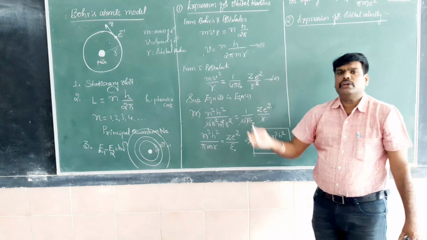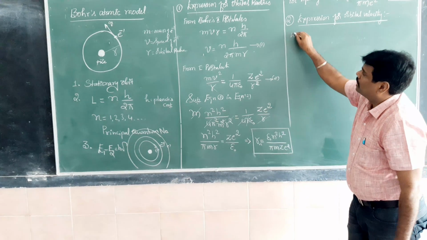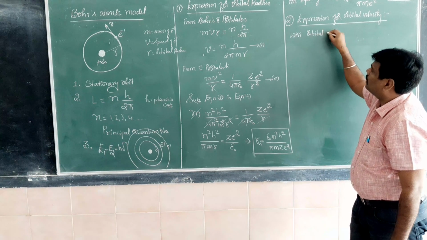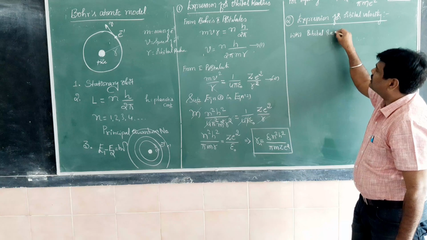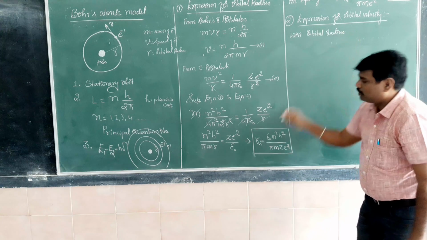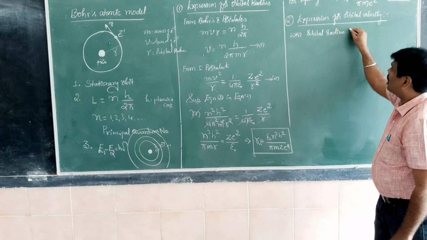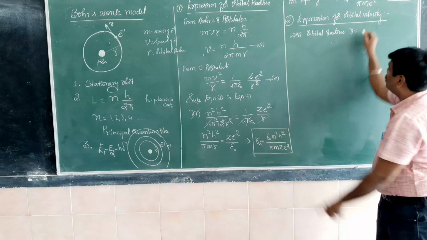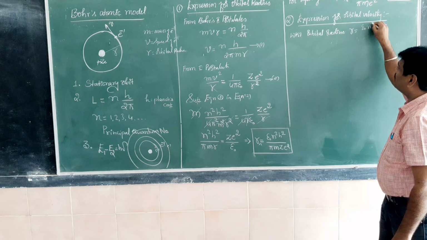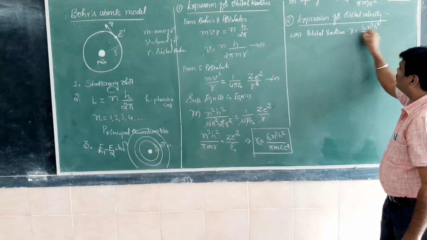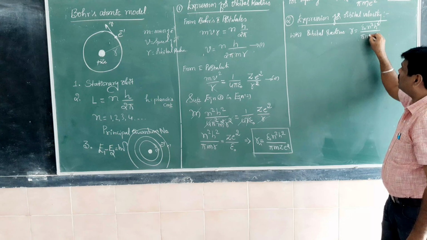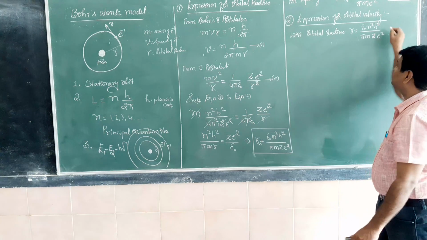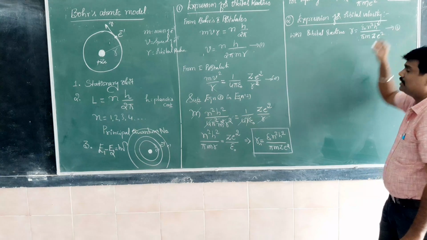We know the orbital radius. So what is the formula for orbital radius? Rn is equal to epsilon naught n square h square divided by pi m Z e square. You call this equation number 1.